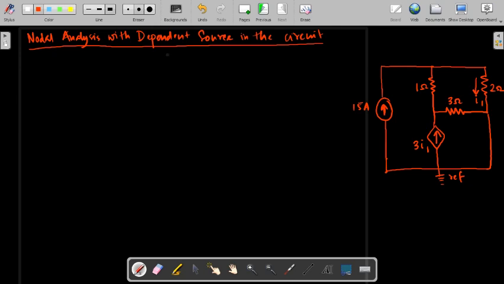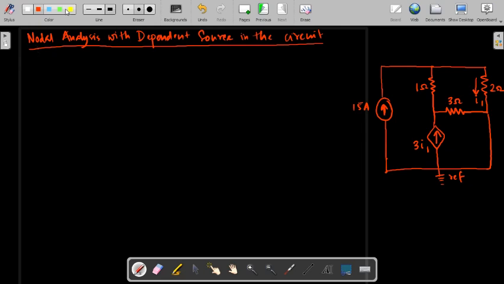Here the source that has been shown is a current dependent current source, because the source is supplying 3I1 amount of current, and that current is dependent on the current which is flowing through some other branch. So that is called a current dependent current source. Now for this we will apply the nodal analysis for getting the node voltages.